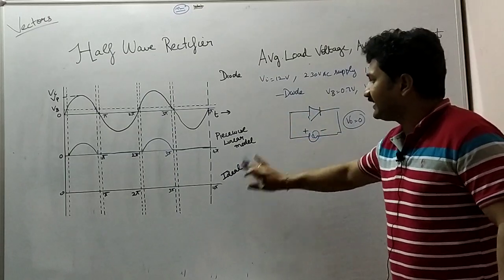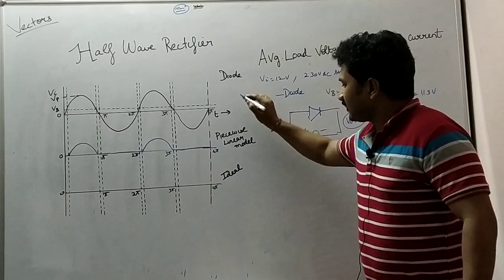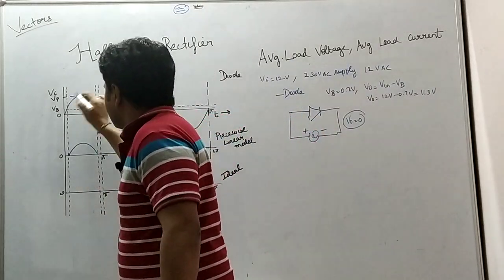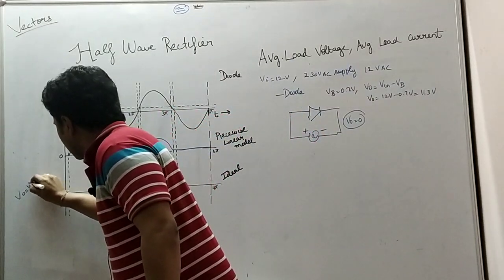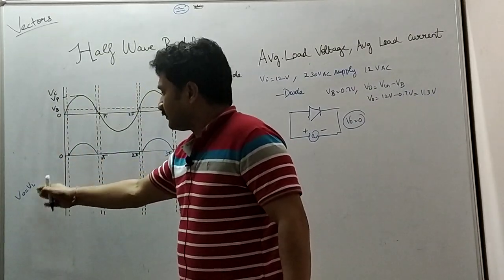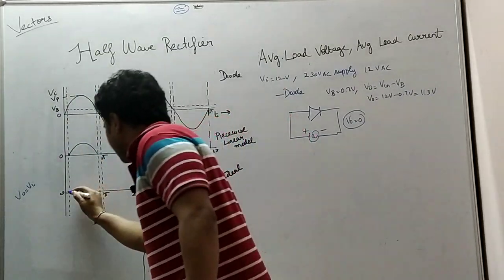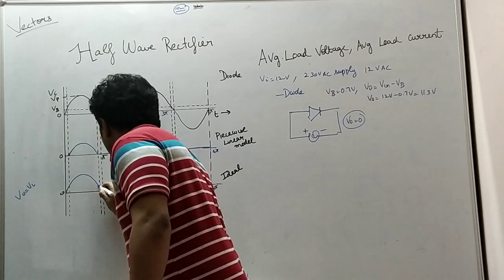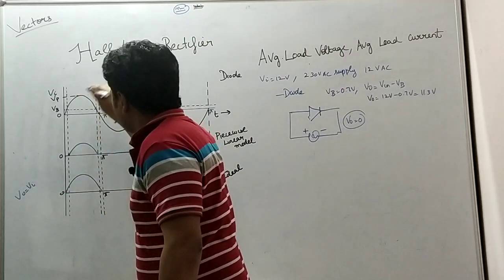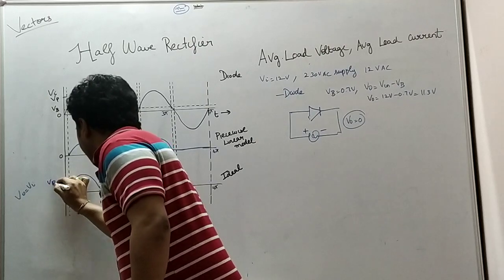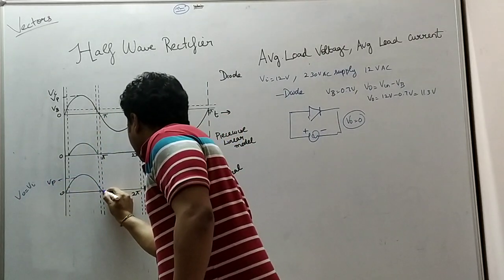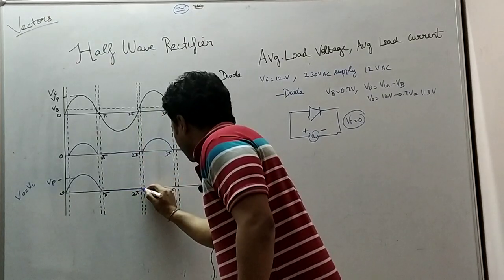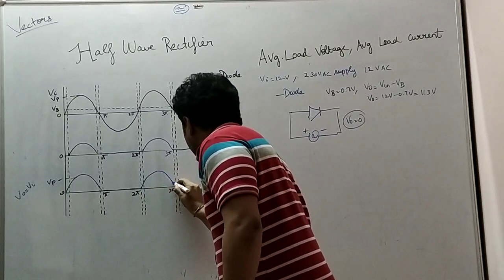So next case is the ideal diode. First one is piecewise linear model and next one is ideal diode. In ideal diode, we will have V0 equal to Vi. The output voltage will be same as that of the input voltage. Here if you see both points, you will get the peak voltage same as Vp. Again the curve flattens out in this region. Here positive half cycle, there will be conduction.